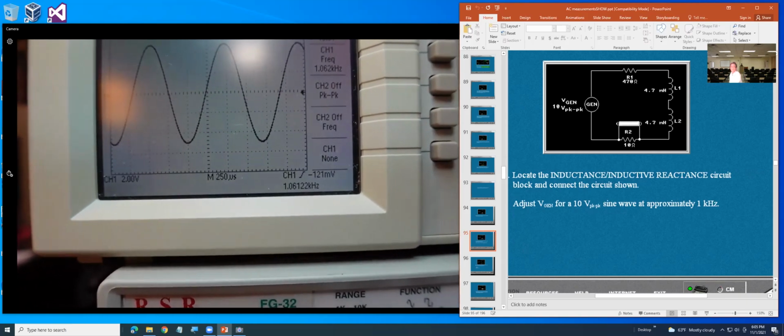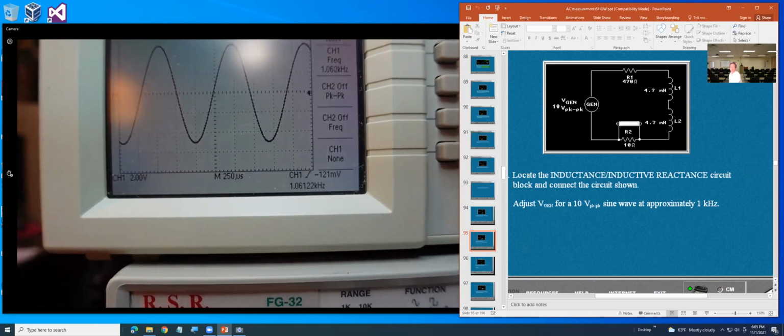Okay, so now you can see the signal on the oscilloscope.